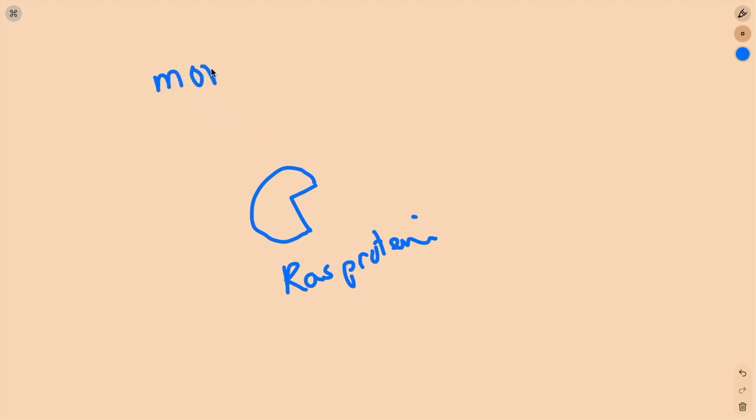So let's just draw a RAS here and say that's RAS protein. And we're really interested in the fact that it's an enzyme and it's got a catalytic activity, okay? So then the next thing to say is there's a name for RAS, and the type of protein it is, it's called a monomeric G protein.